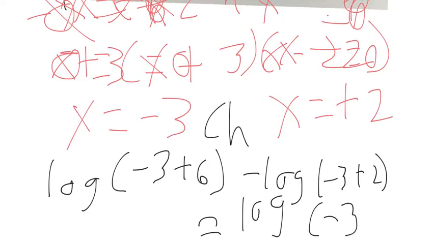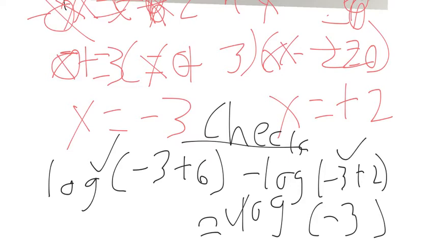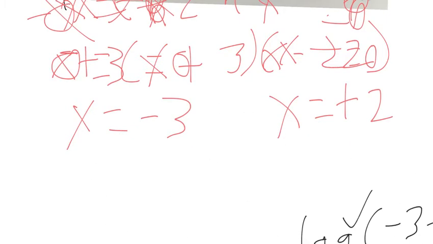And this is where we check our answer. If you notice, this logarithm works, but these two have negative inputs, because negative 3 plus 2 would be negative 1. Those don't work.